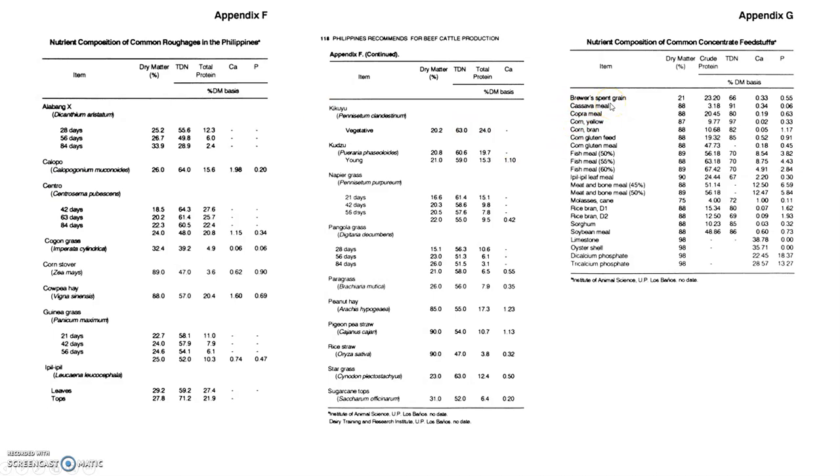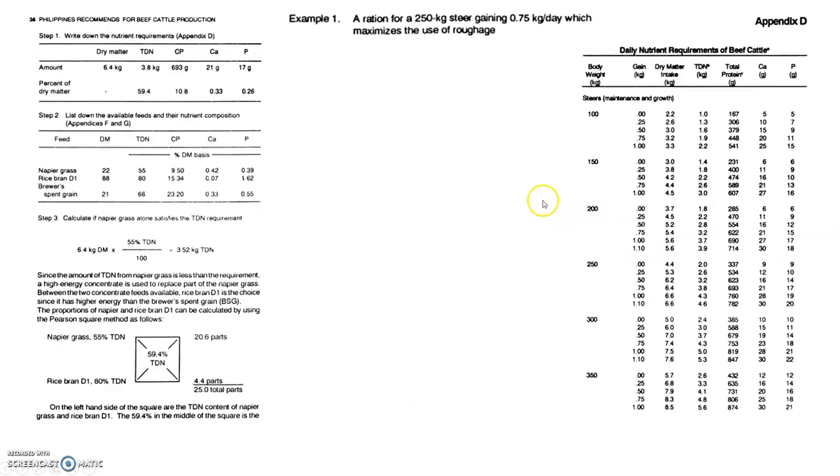If you can recall, these are byproducts of beer production, the spent grain from making beer, which is fed to our ruminants. This is its nutrient composition. And the earlier one is rice bran D1, and this is its nutrient composition. It is just written here.